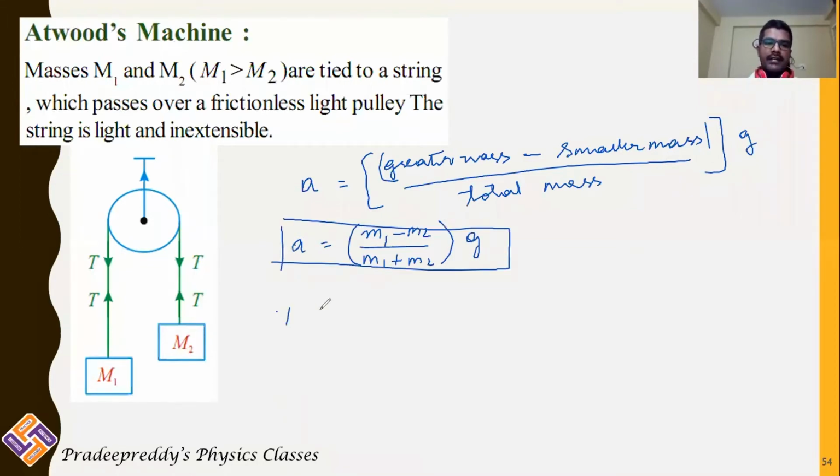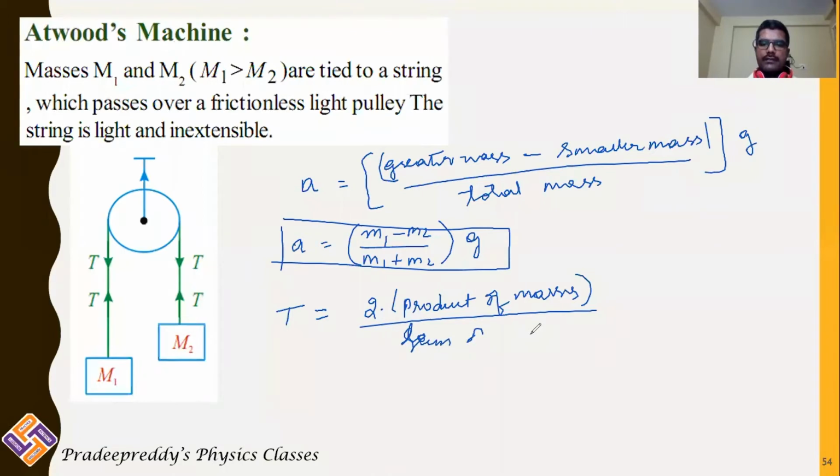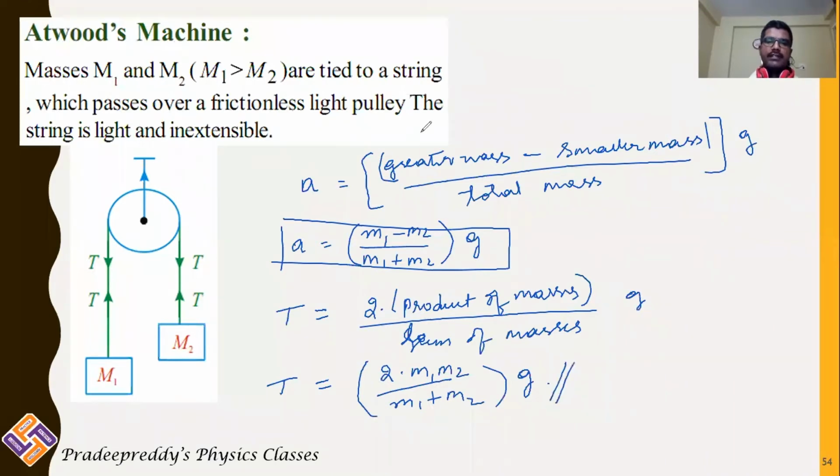And tension T is equal to 2 times the product of the masses divided by the sum of masses into acceleration due to gravity. So tension T will be equal to 2 times m1 m2 divided by m1 plus m2 into g. This is the equation for tension.